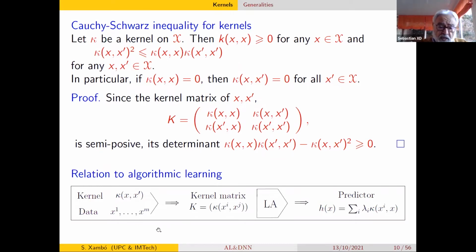Well, before proceeding, I think it is worth having some outlook of where we are going. Here is a little scheme in which you start with your curly X, the space in which you are interested to work.